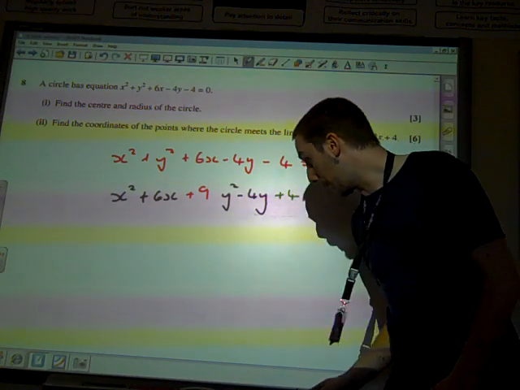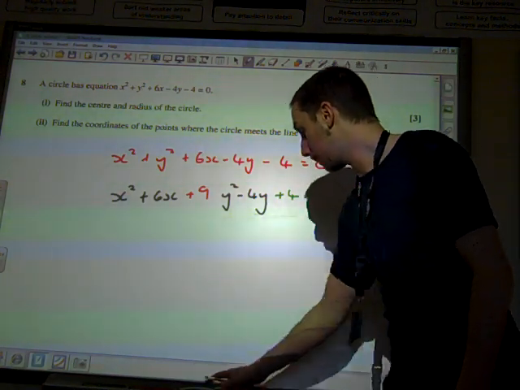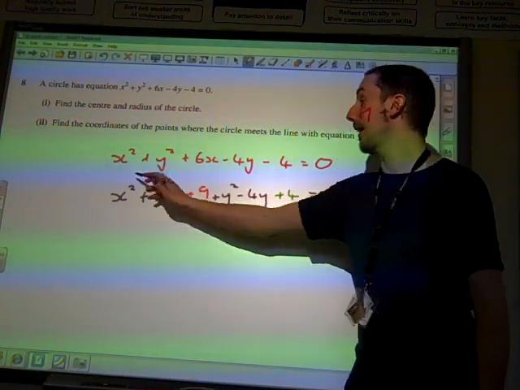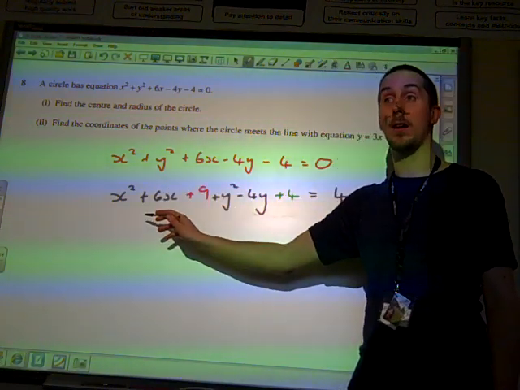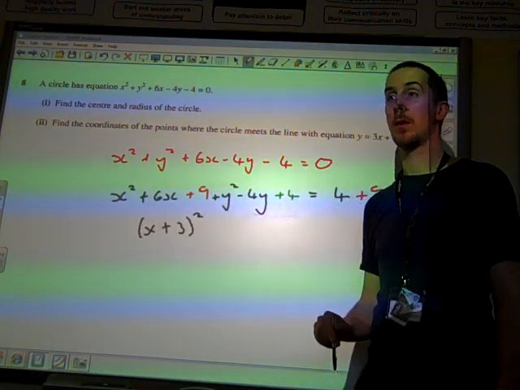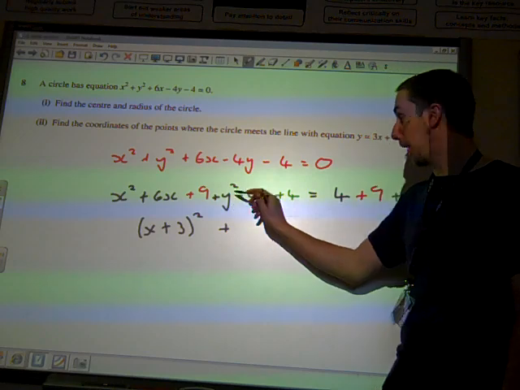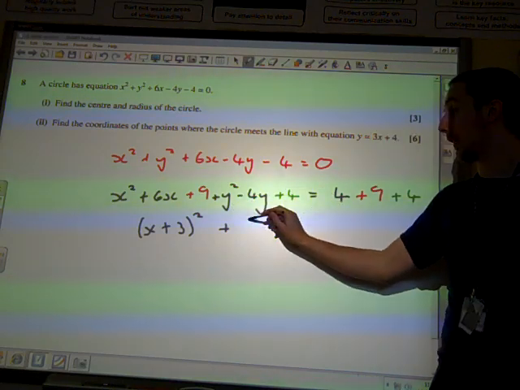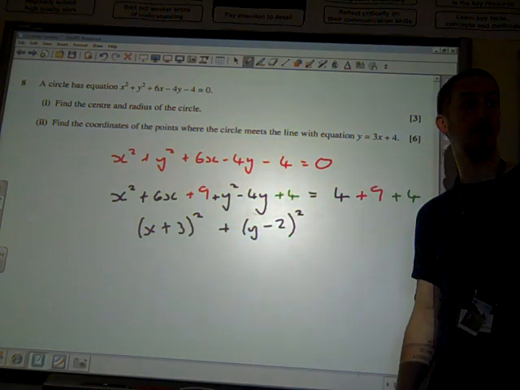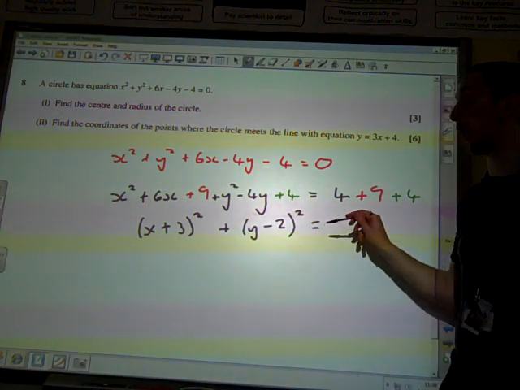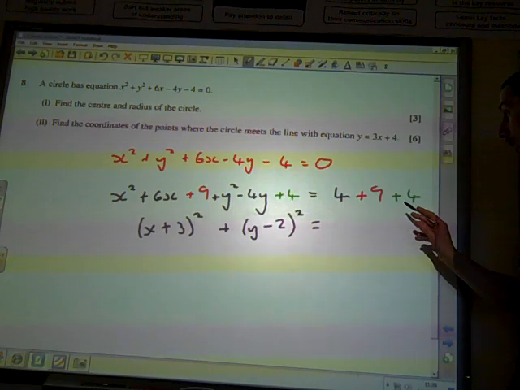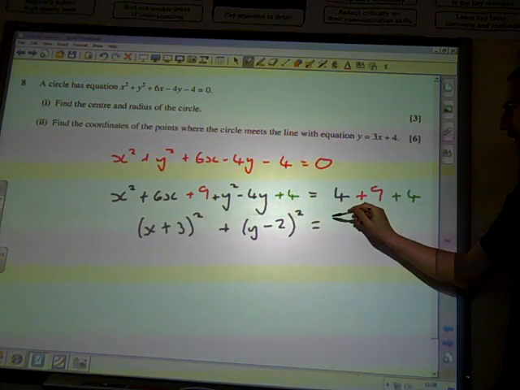Now, what I'm left with is these 3 terms here are x plus 3 squared, and these 3 terms here are y minus 2 squared when we factorise those. And all of this stuff that we shoved over here amounted to plus 17.